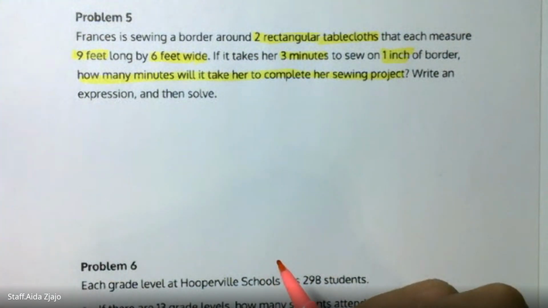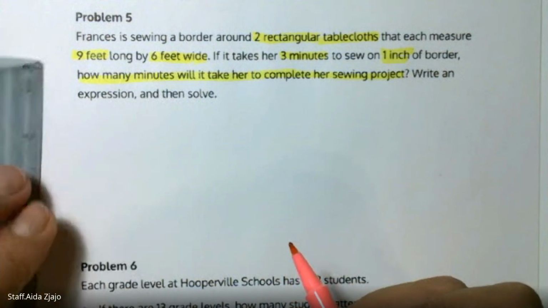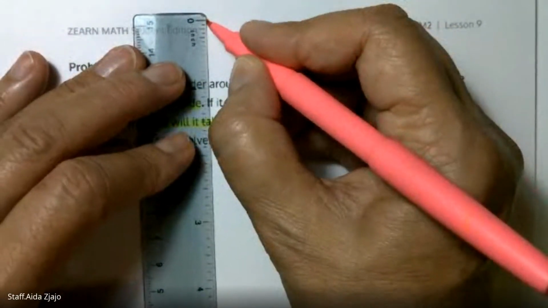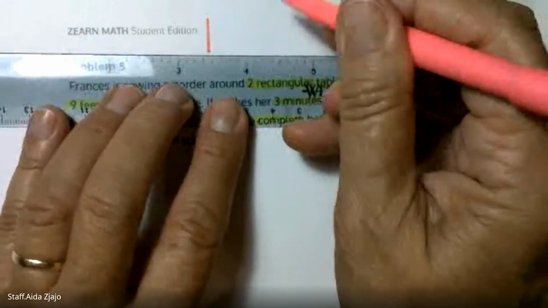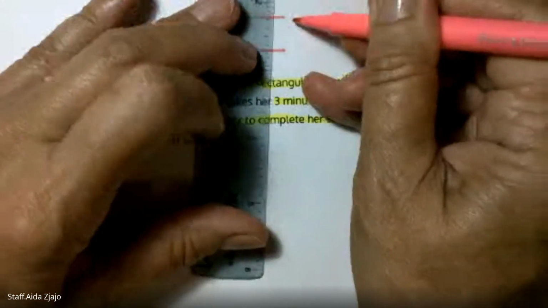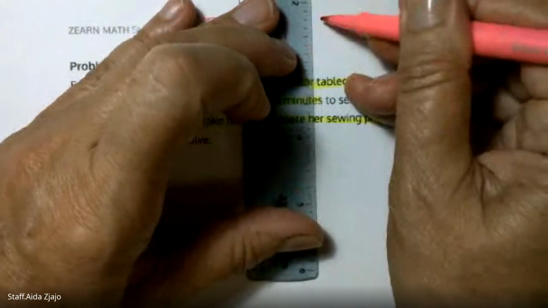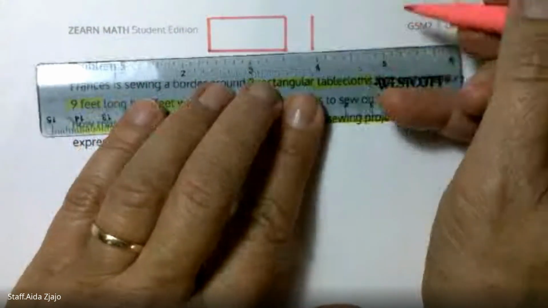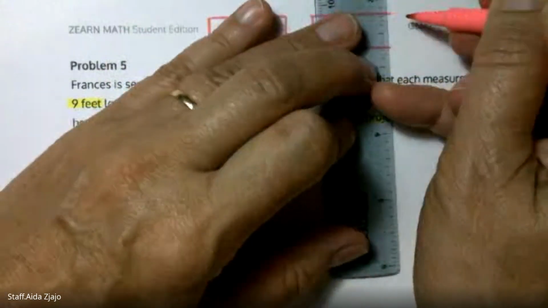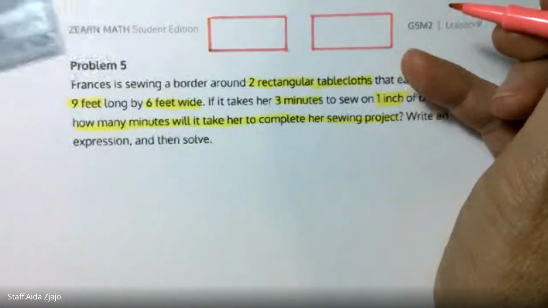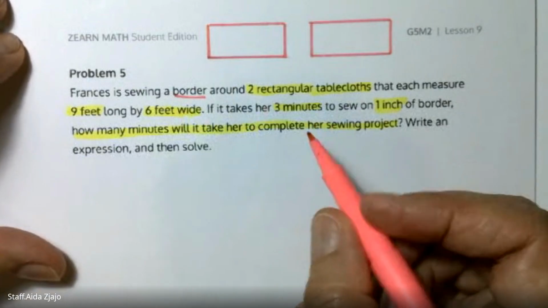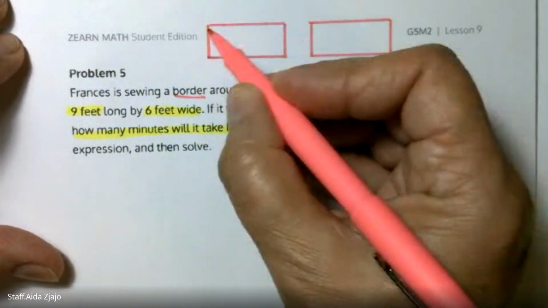So if you think about this, I'm going to draw two rectangles, like if this is 1, and then another one is also the same, but it's talking about border. So border is perimeter. She's sewing around.